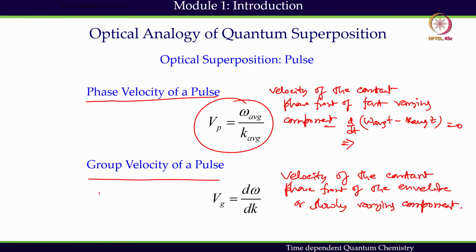For that, I will take the first derivative of this phase to be 0, and we get this group velocity.